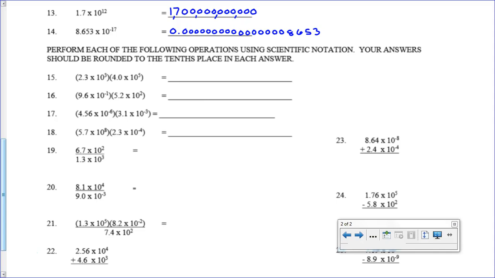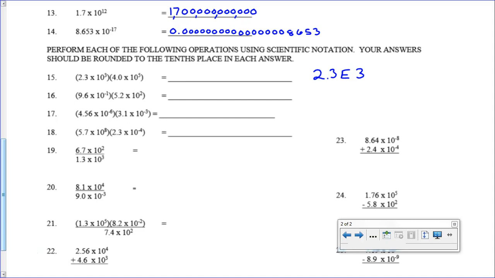All right, if I have this first one, instead of writing 2.3 times 10 to the third, I can write 2.3 E3. Now, what that E stands for is it stands for times 10 to the, okay, so 2.3 times 10 to the third is how that reads.